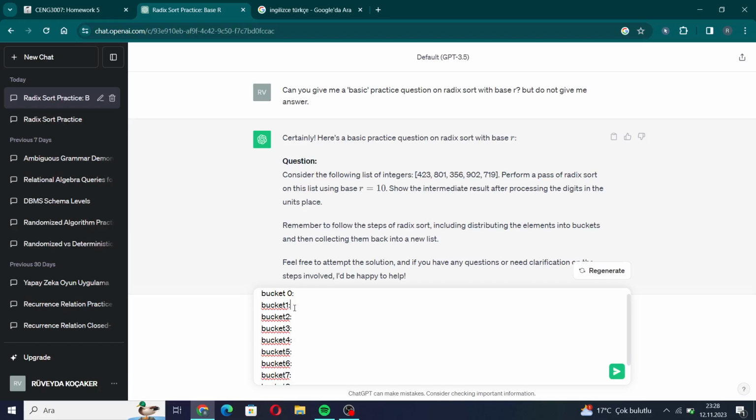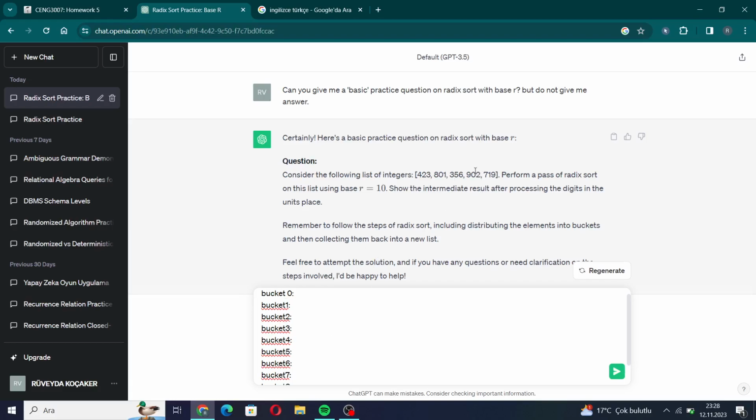I'm doing this bucket by the most significant digits. Firstly, the most significant digit is 0, but there is none. Then most significant digit 1, but there is none. 2, there is none. 3, there is none.